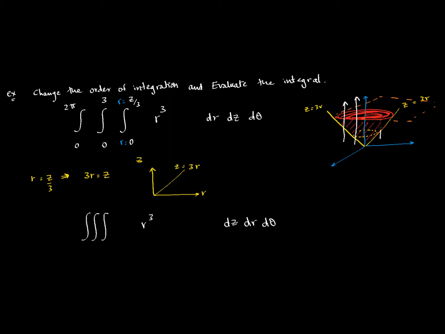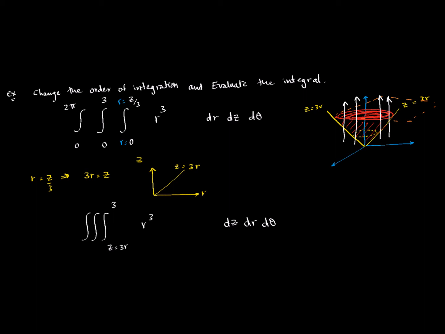And you see that we always enter the region through the cone. And we know that the cone is defined by z is equal to 3r. So the lower limit is going to be z equal to 3r. And the upper limit, we see that we always exit the region through this plane, which is z equal to 3.